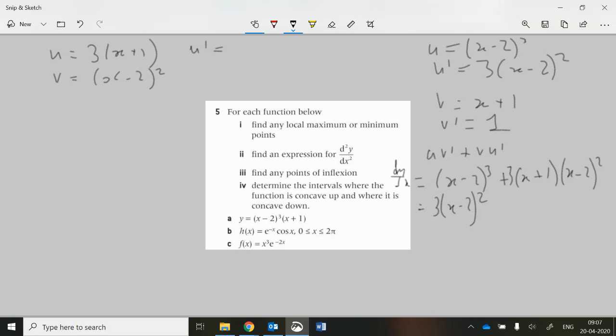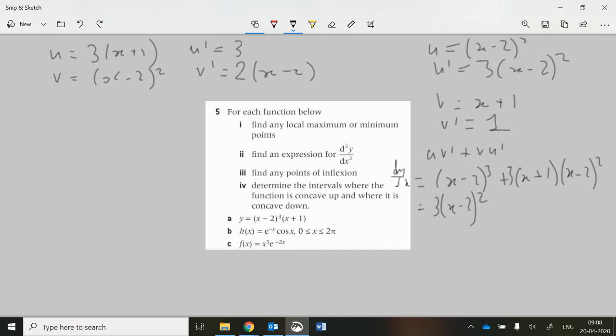Okay, so if you multiply this one out, then you'd get a linear function, and the derivative of that would just be 3. And then v dash in this case is going to equal 2x minus 2. And again, you could multiply this out and do this one. But again, we can see that the derivative, using the chain rule, of what's inside is just 1.